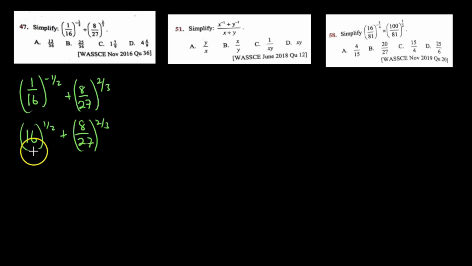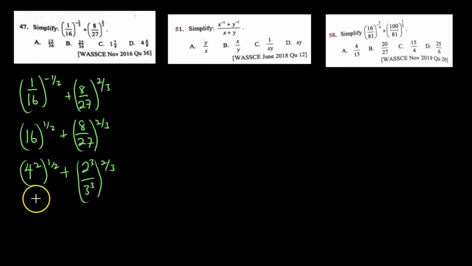So in this case, the 16 can be written as 4 to the power 2 all raised to the power half, plus 2 to the power 3 all divided by 3 to the power 3 all raised to the power 2 on 3.